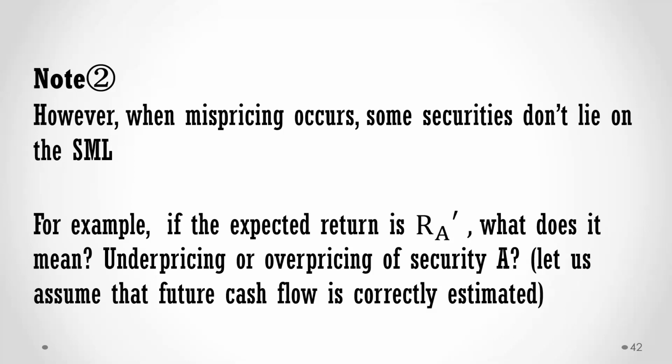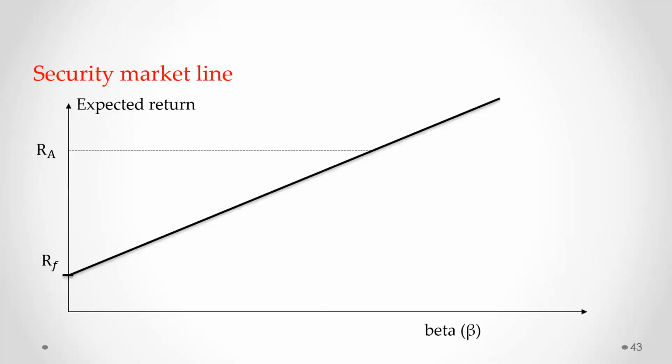On the other hand, we know that in the financial market, mispricing sometimes occurs, and it can be underpricing or overpricing. If we go back to this line, if everything is under market equilibrium condition, there's no mispricing, so based on A's beta, the expected return of A should be RA.